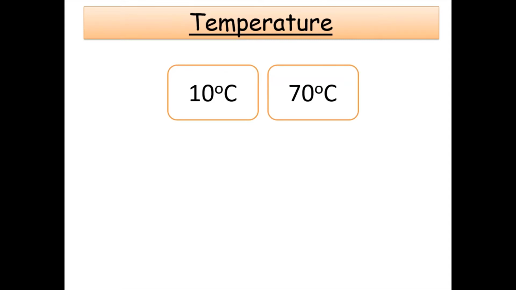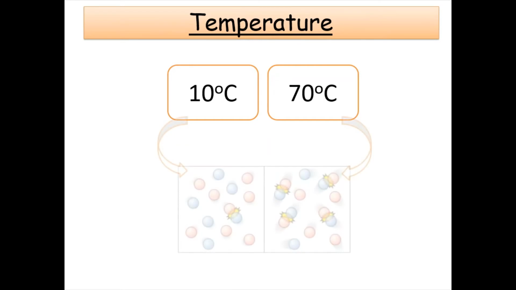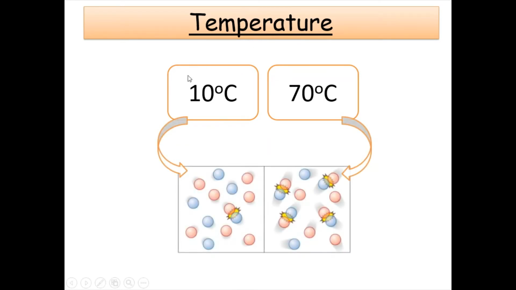We have to talk about our increased frequency of collisions, and therefore faster rate of reaction. With the temperature decreasing down to 10 degrees Celsius, we have less particles colliding, less frequent collisions, and a slower rate of reaction.